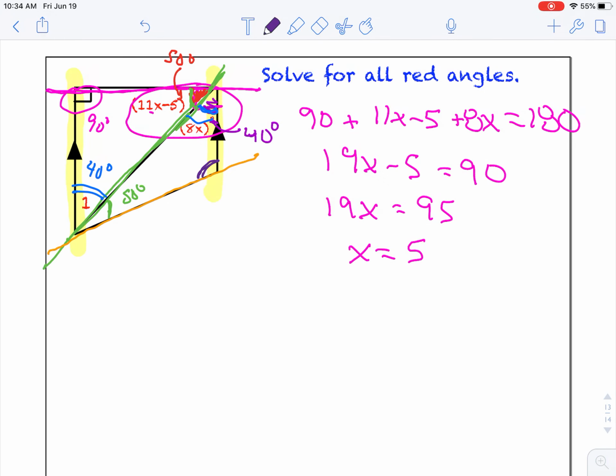And now if we look at finding this angle right here, so now we need to find this angle right here. Well, again, you see what we have for that. We have this transversal right here with those parallel lines.